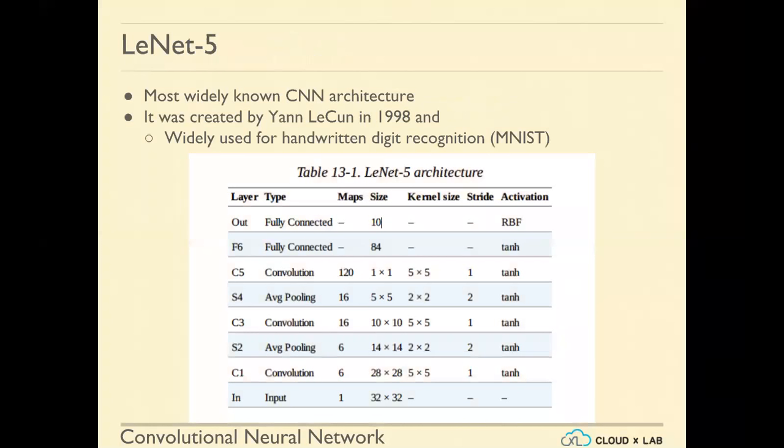The most widely known CNN architecture was created by Yann LeCun in 1998. Who is Yann LeCun? He is the head of machine learning at Facebook as of now, and I think he was one of the first to implement backpropagation.